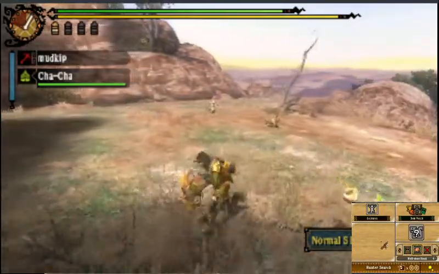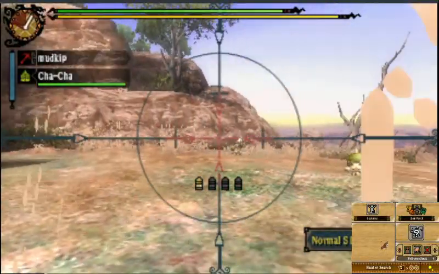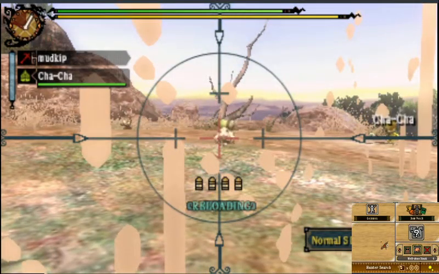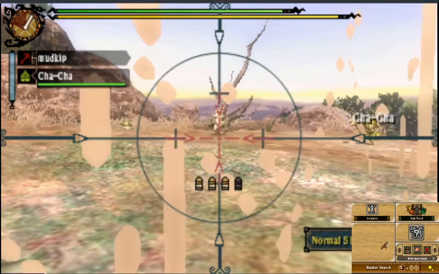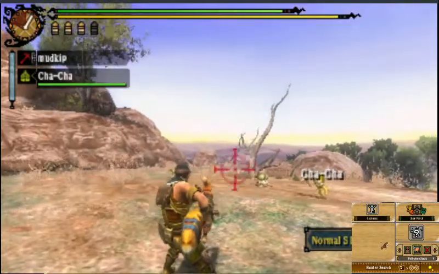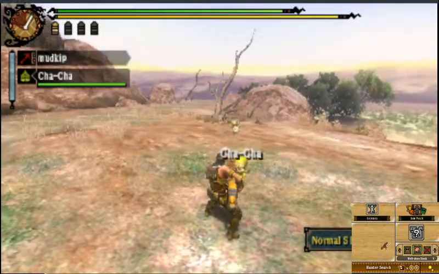And also, I believe it is also more accurate. So, see, that's very accurate, right? Much better than using this quick aim, all right?